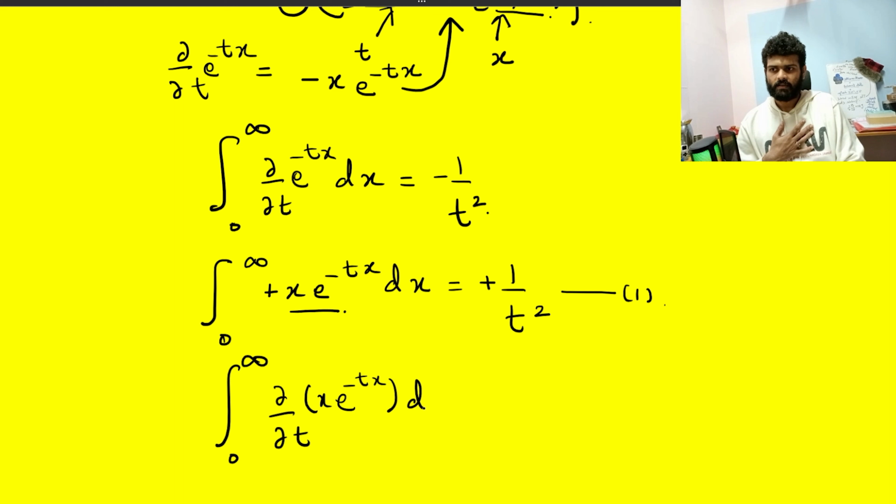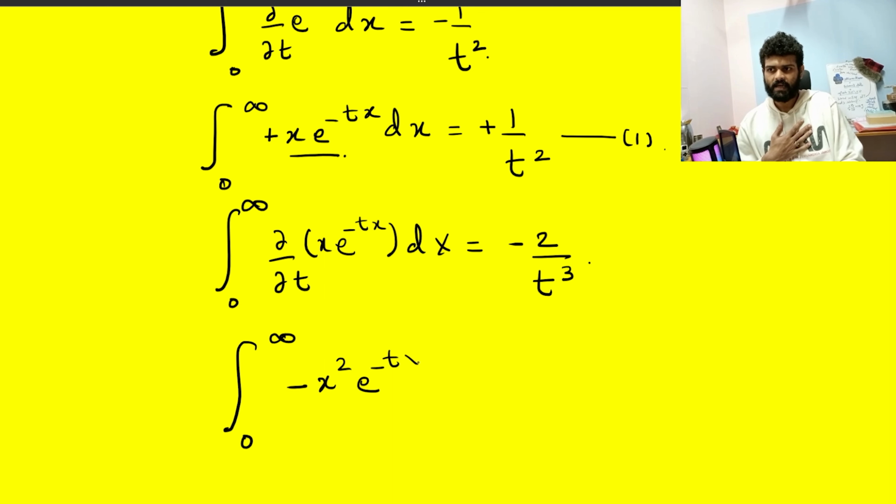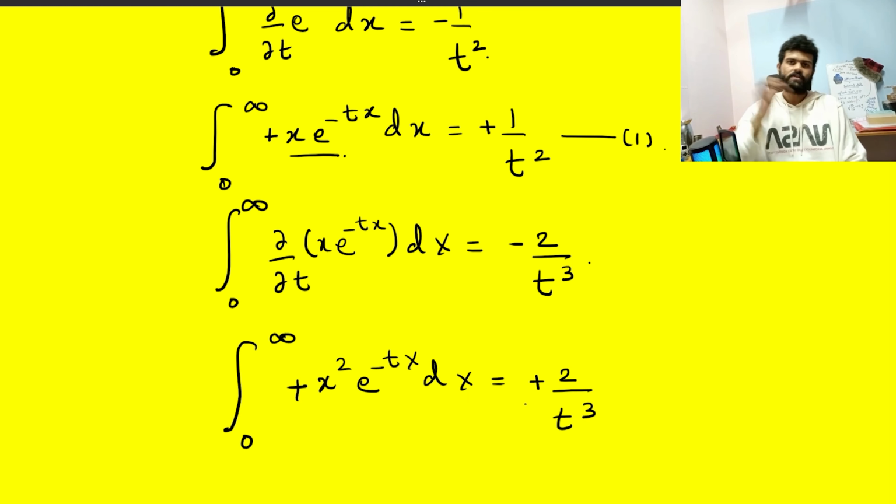On the right hand side, the derivative is minus 2 divided by t to the power 3. And if you differentiate the left side, what you have is minus x squared e to the power minus tx dx is equal to minus 2 divided by t to the power 3. The minus signs cancel, and so you get this second equation here.